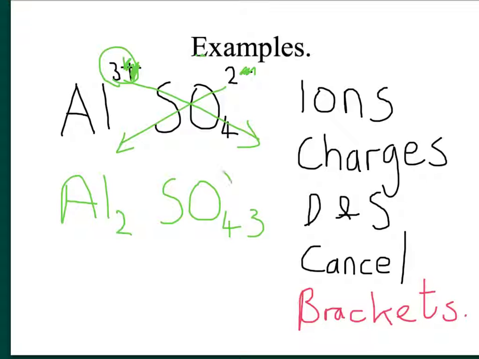So once again, put the brackets in, and there's the formula. So now we've got 2 aluminium ions, and we have 3 sulfate ions, and that's 3 SO4s. And there's the 3 there to tell us we've got 3 ions, and that's it.